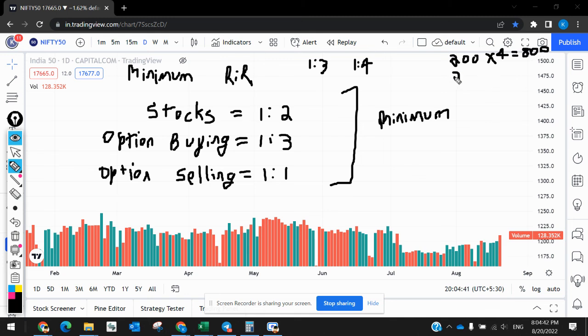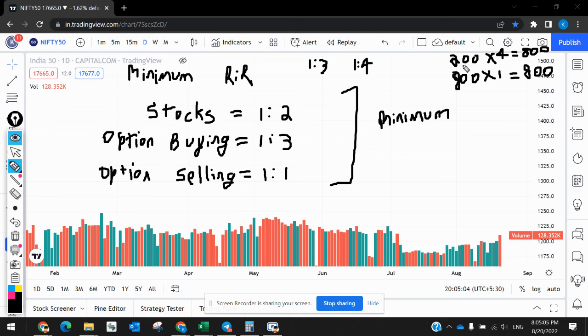But if I have a risk reward of 1 is to 4, that means I get 800 in a single trade, and one single trade recovers the loss of 4 lost trades. So I just need one profitable trade to recover 4 stop losses.